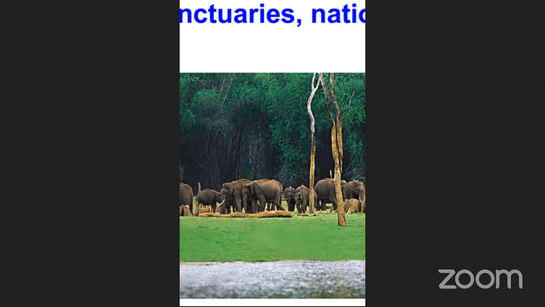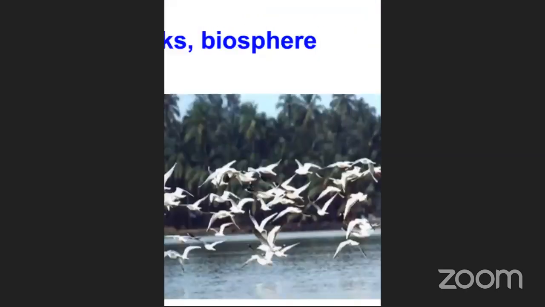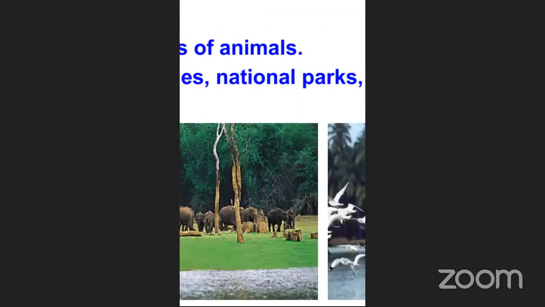Is it not? Very nice for them. See the beautiful birds. Natural, how it is. Is it not? Yes. So, natural environment for the wildlife, they will survive on the earth. Right?